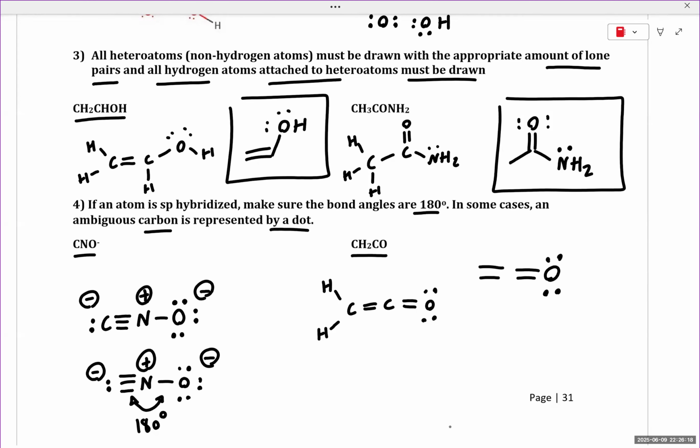Now, it's a little ambiguous what's happening with that central carbon, so oftentimes a dot will be drawn. This specific functional group is known as a ketene, and the carbon variant is known as an allene. You don't need to memorize that, but anytime you see this dot notation, it's important to note that it's representing what would be an otherwise ambiguous carbon.